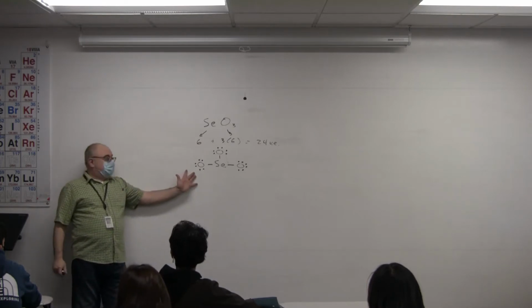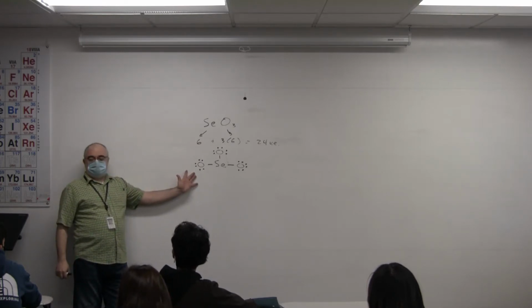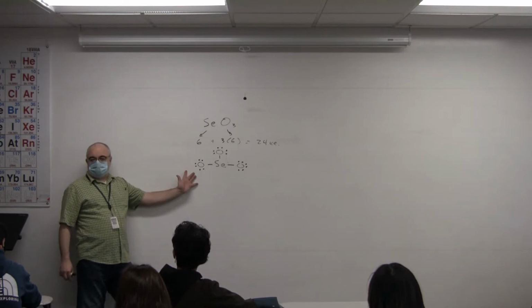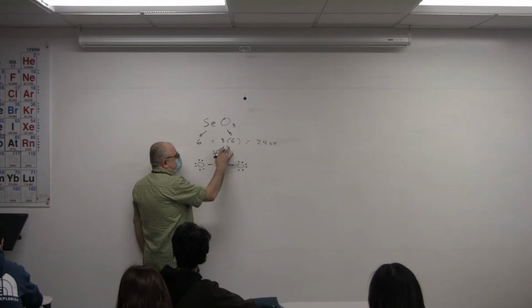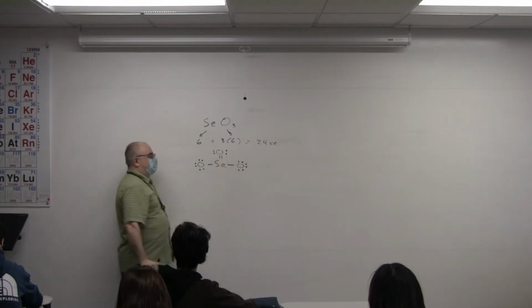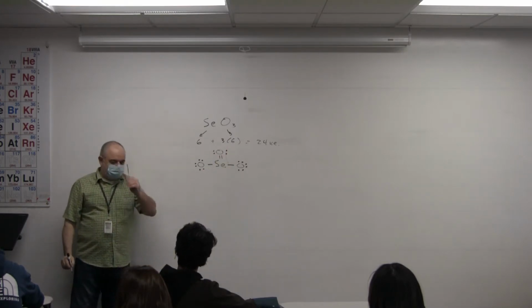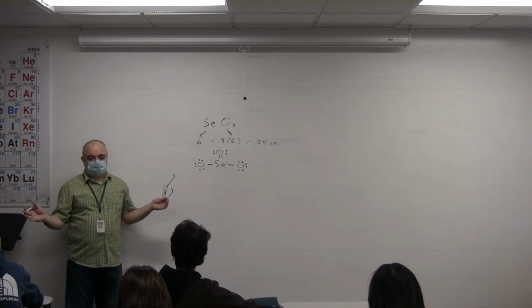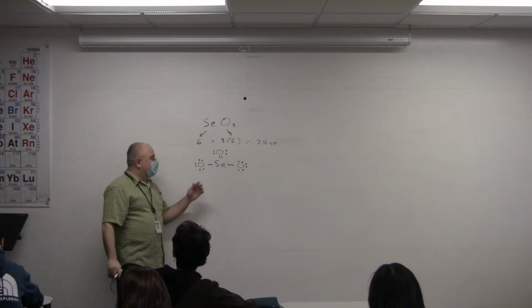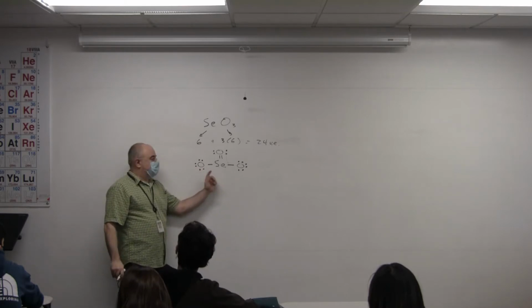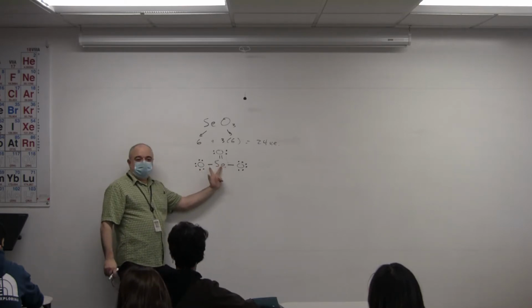Now, this doesn't work because selenium is not yet satisfied. I can push a pair in the middle, and we said yesterday that if we did this, it would satisfy all the rules, and it does. But what it doesn't satisfy is reality, because this suggests one bond being different than the other 2.